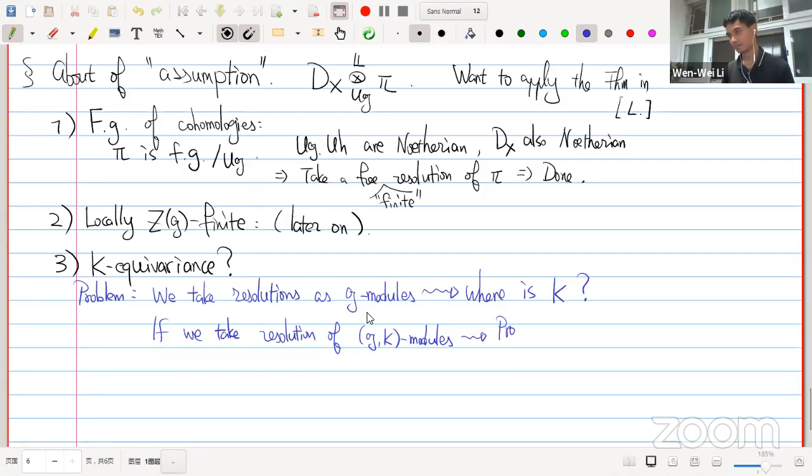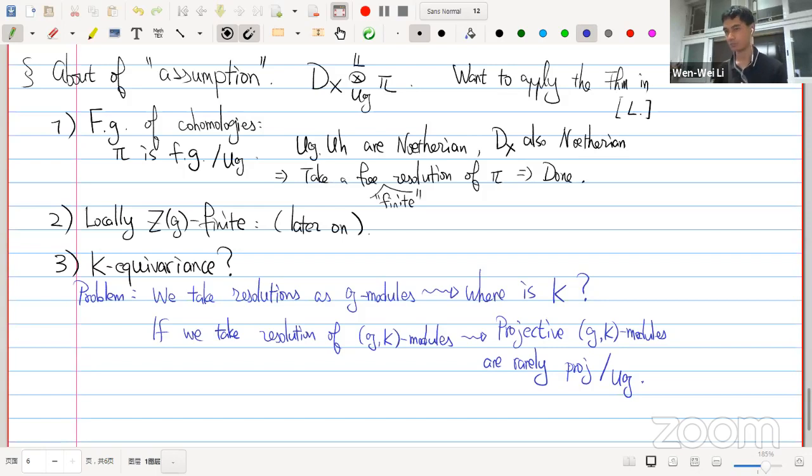Then there's an opposite problem, because projective (g,K)-modules are rarely, or maybe never, I'm not sure, just rarely projective over U(g).